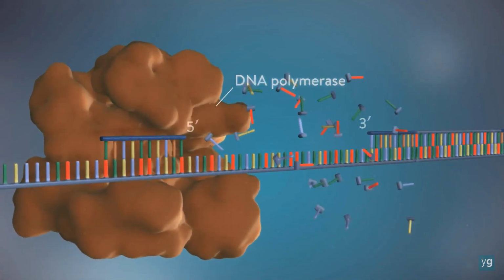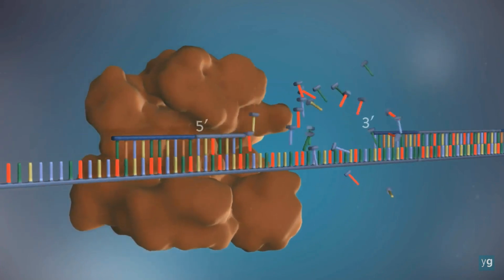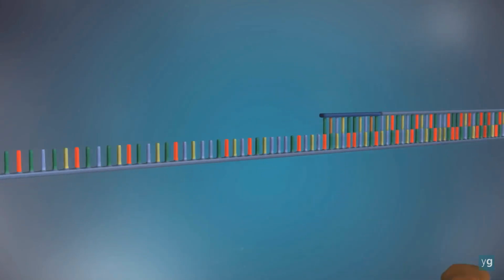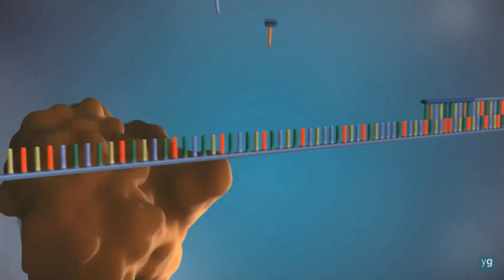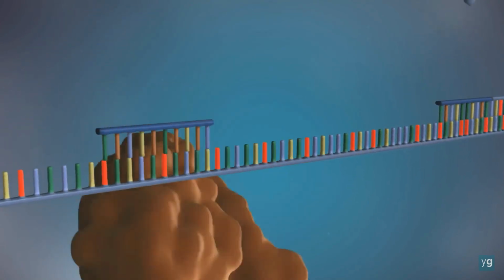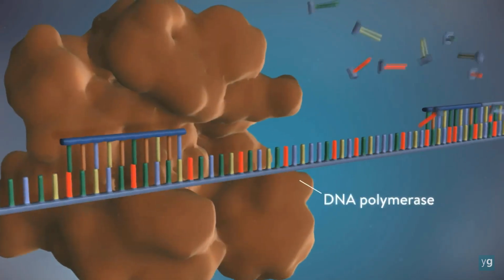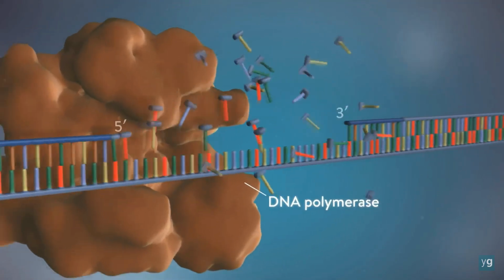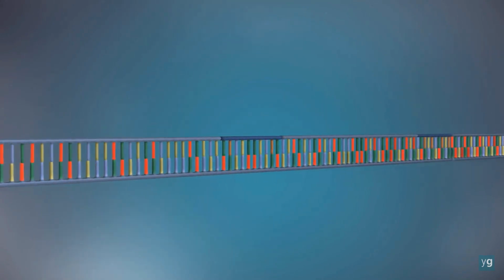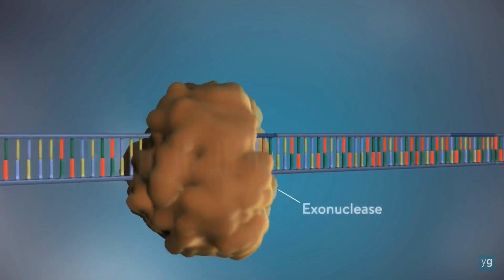DNA polymerase then adds a short row of DNA bases in the 5' to 3' direction. The next primer is then added further down the lagging strand. Another Okazaki fragment is then made, and the process is repeated again.